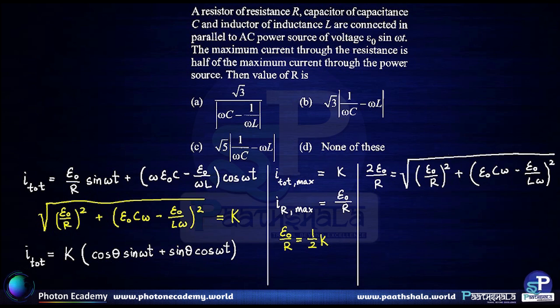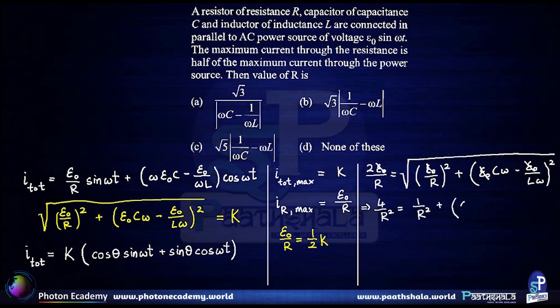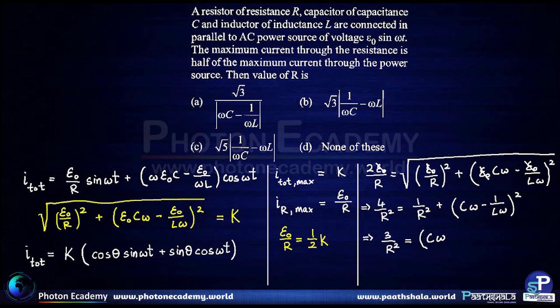Now we can see here that these epsilon naughts are just a constant multiplier and they can be cancelled. And when we square both sides, we get 4 by R square is equal to 1 by R square plus C omega minus 1 by L omega whole square, or 3 by R square is equal to C omega minus 1 by L omega whole square.